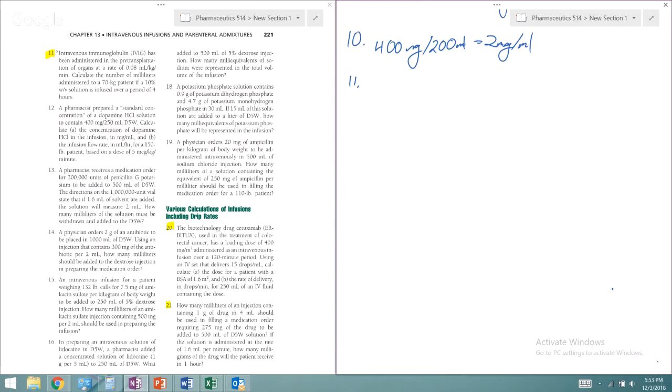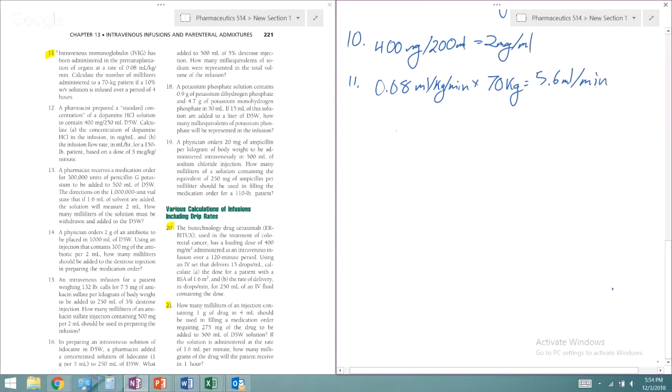So for this one, let me figure this out. You take the 0.08 milliliters per kilogram per minute, multiply it by the 70 kilograms, and you find that that is 5.6 milliliters a minute for this patient.